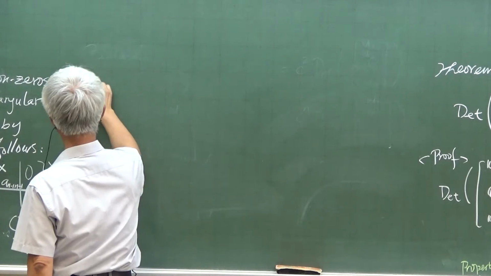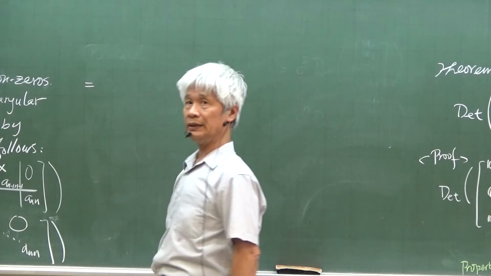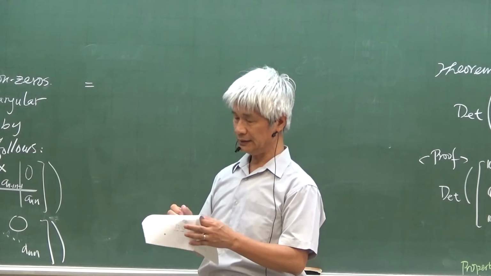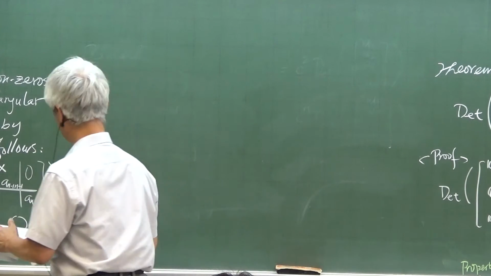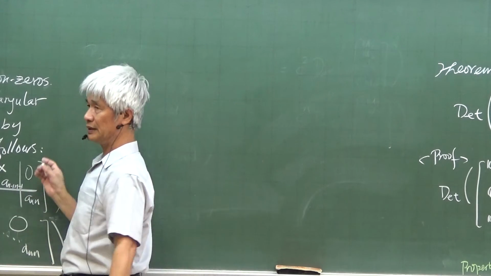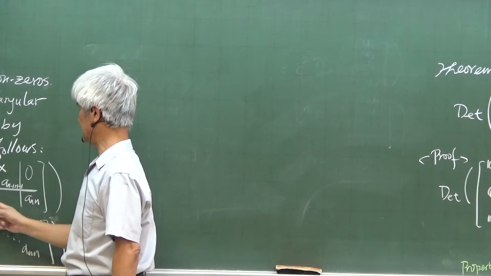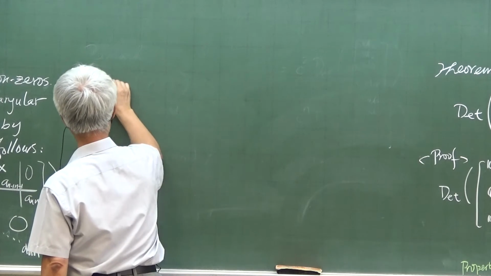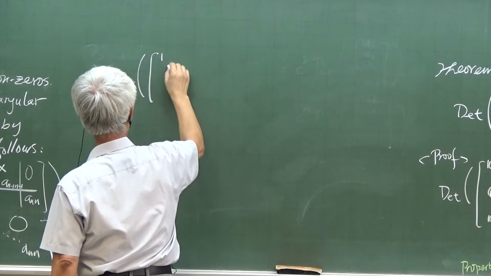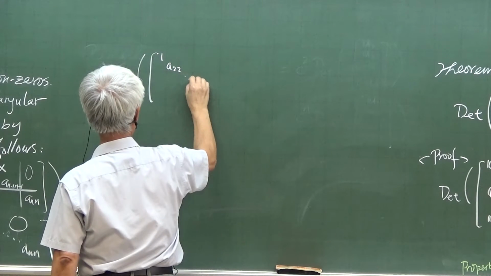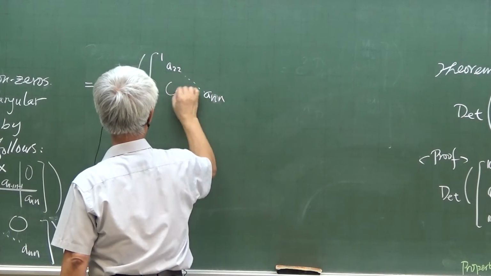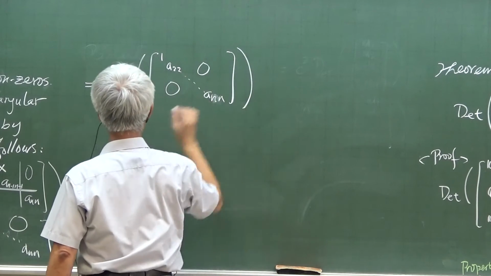Now you can apply the scaling row operation, so by linearity, that's all fine. So this is A11 times the determinant of 1, A22, and then Ann, with zeros.